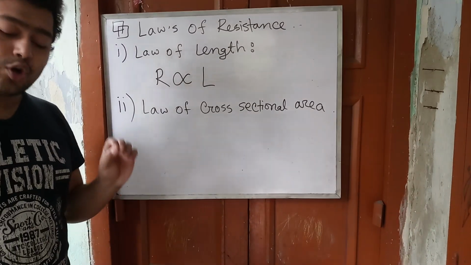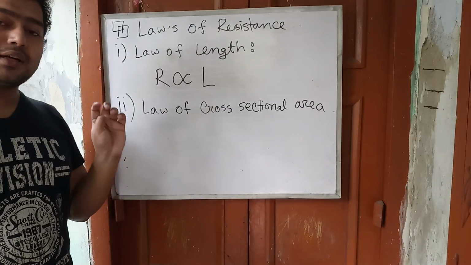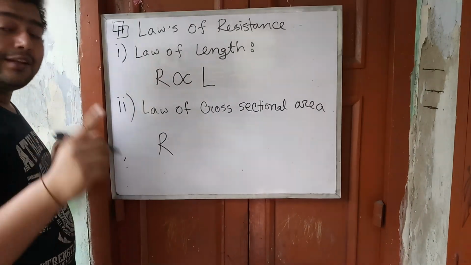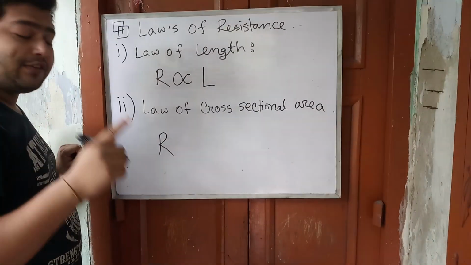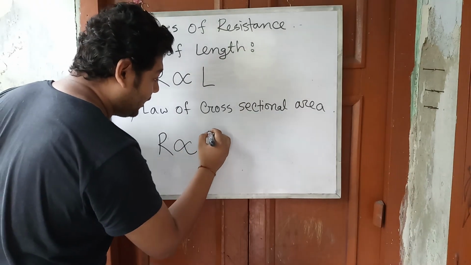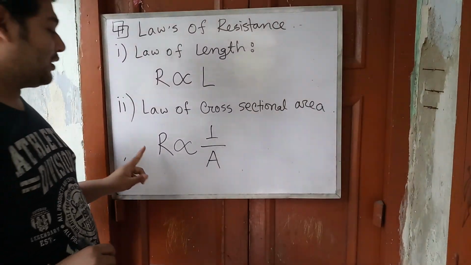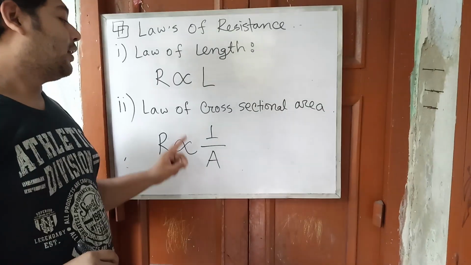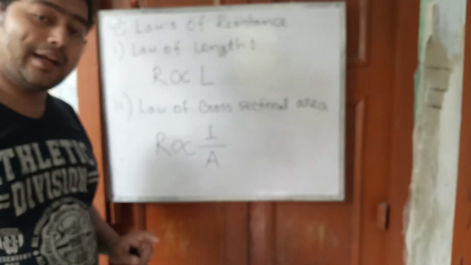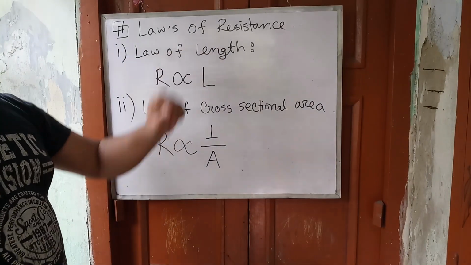At constant temperature and constant length, the resistance is inversely proportional to the cross-sectional area of the conductor. This is the two laws of resistance.